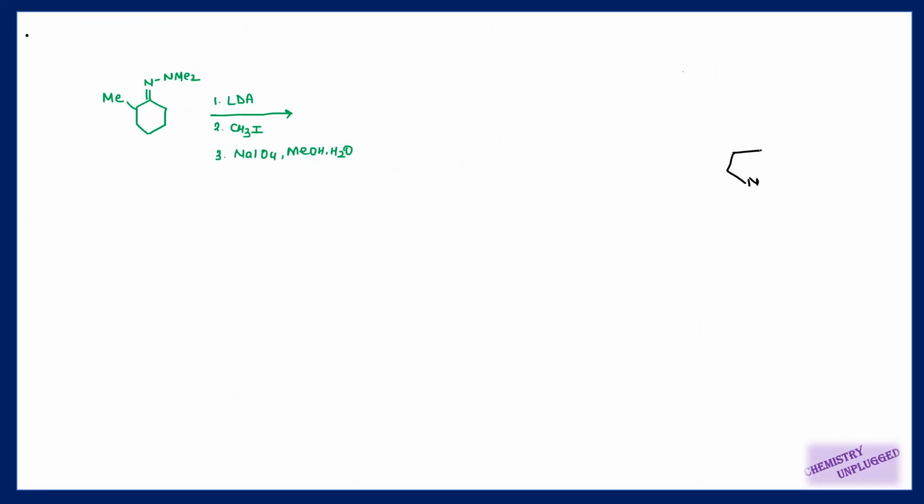So suppose I have an enamine like this, right, and I am using a simple alkyl halide. Then there are two possibilities. This nitrogen will act as a nucleophile and directly attack this alkyl group and attach with it, so I will get this one as the final product.